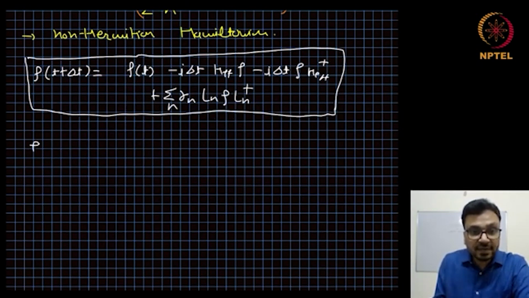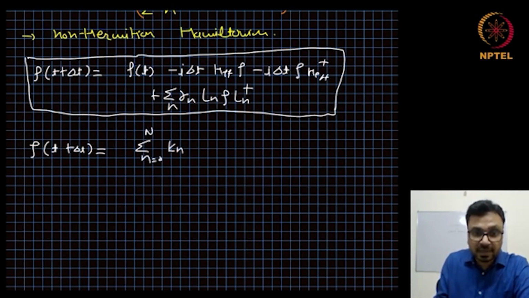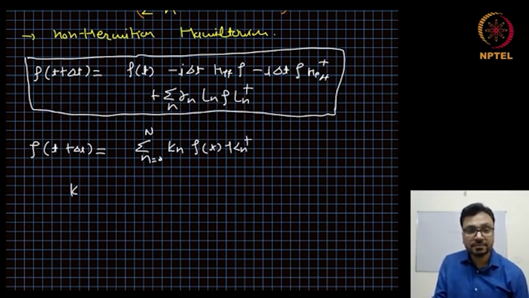In fact, we can write rho of t plus delta t as sum over n, n from 0 to capital N, Kn rho of t Kn dagger, where Kn depends on t and delta t.